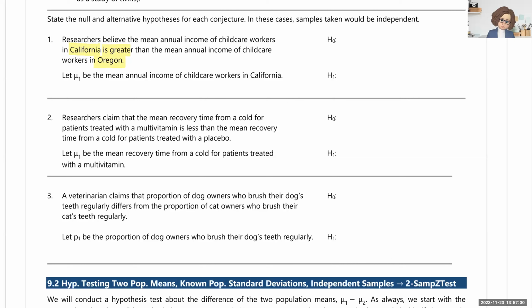So because we have two populations, we will be indicating population 1, population 2 with subscripts on our parameter. So we will start with our claim.